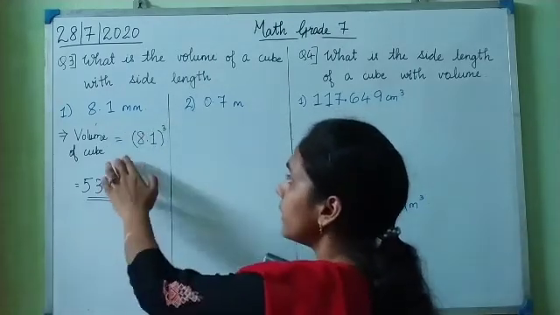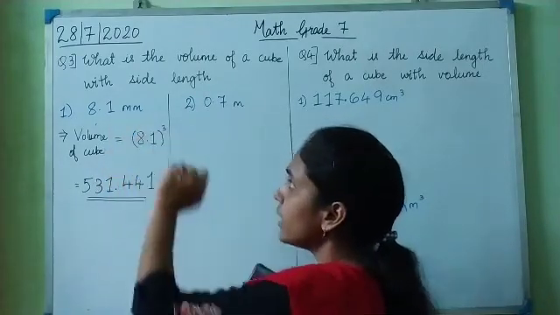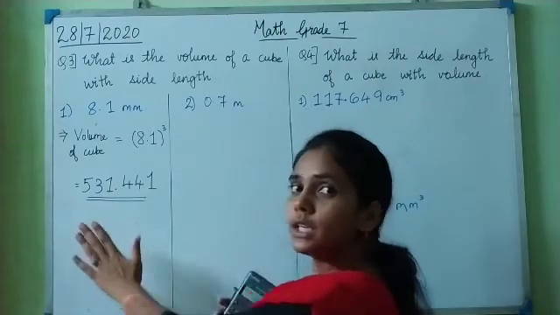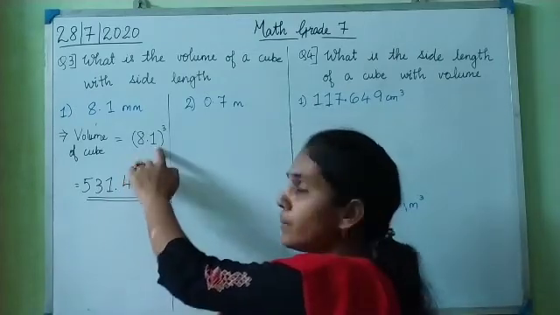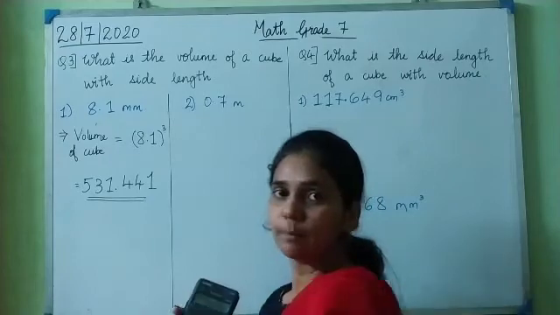And now what will be its unit? The length was given in millimeter, so the volume of the cube will be in millimeter cube. Why millimeter cube? Because if we put 8.1 millimeter here and cube the millimeter, it will come in millimeter cube.